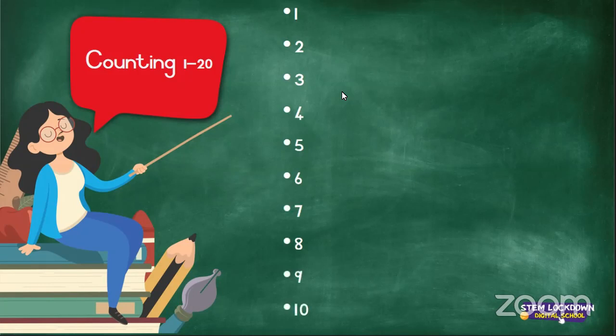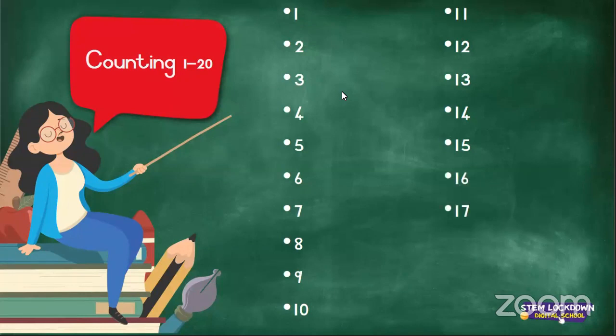What number comes after 10? 11. And then comes 12, 13, 14, 15, 16, 17, 18, 19, and the last number for today is 20. Good, well done. All right, don't forget to keep practicing your numbers and your counting every day.